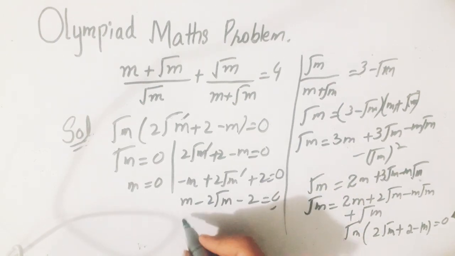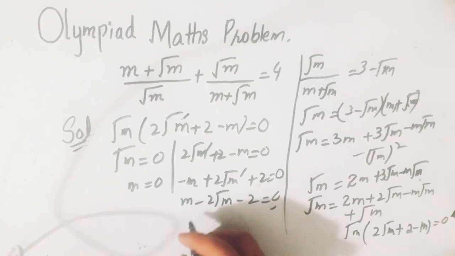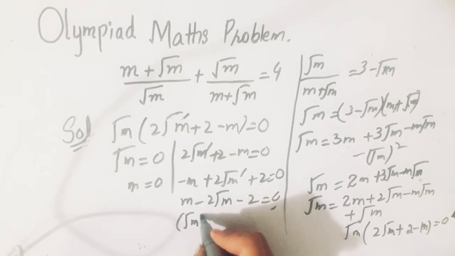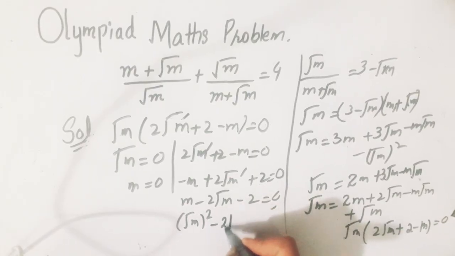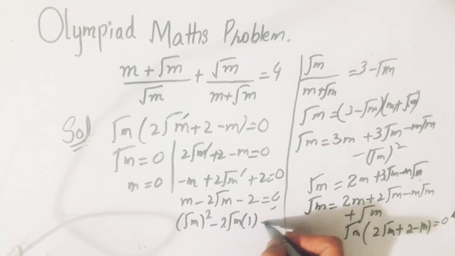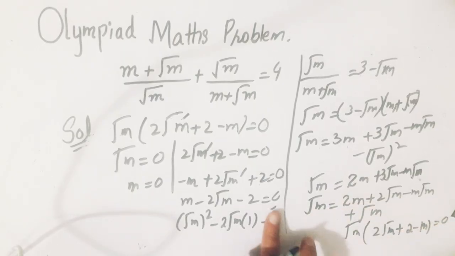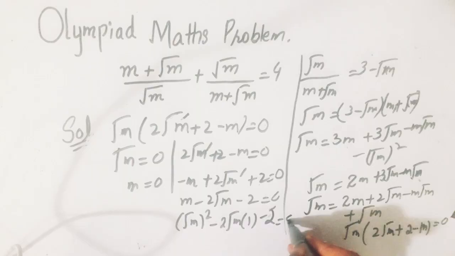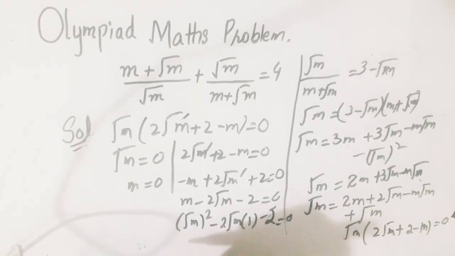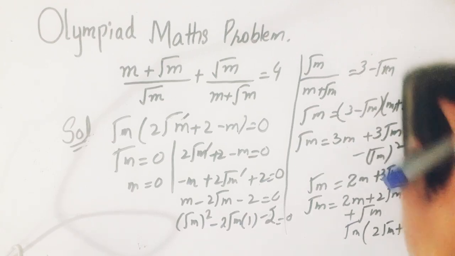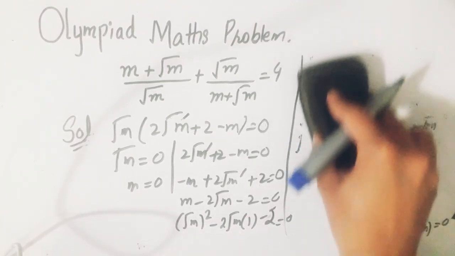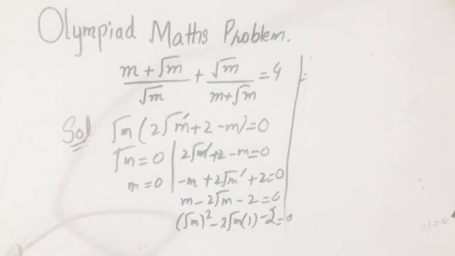So we can write this as root m square minus 2 into root of m into 1 plus 1 square by using the completing square method, minus 2 equals 0. Now we will substitute all the values inside this and get the final answer, because this is the quadratic formula to find the values.